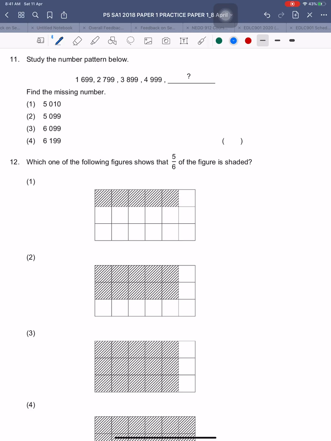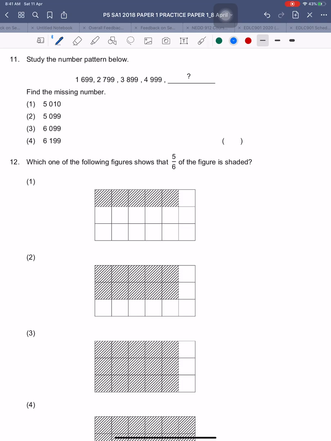Question 11. Study the number pattern below. Find the missing number. For this type of question, since it is a number pattern, the numbers are either increasing or decreasing based on a pattern. One way is to check.